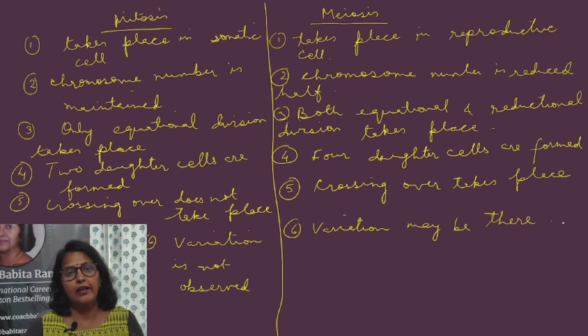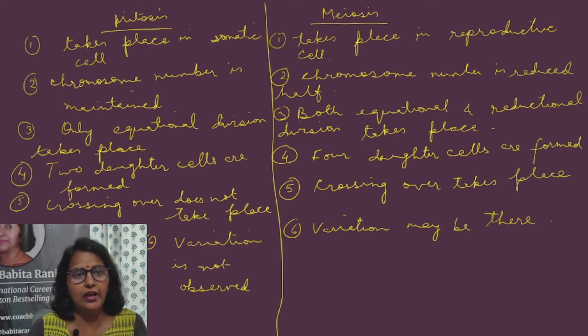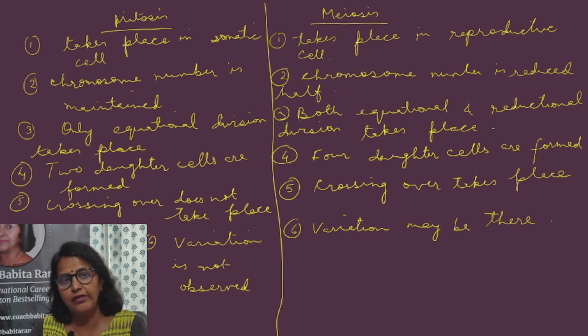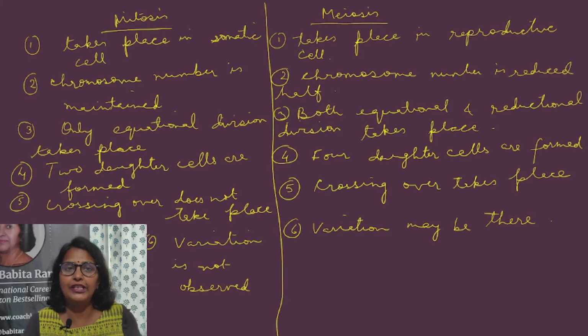So these are some of the differences between mitosis and meiosis. Mitosis takes place in somatic cells. Meiosis generally takes place in germinal cells or reproductive cells. Chromosome number is maintained in case of mitosis, whereas it is reduced to half in case of meiosis. The number of daughter cells formed is 2 in mitosis and 4 in meiosis.